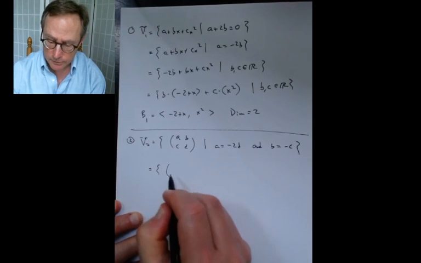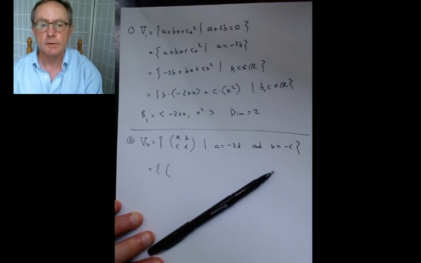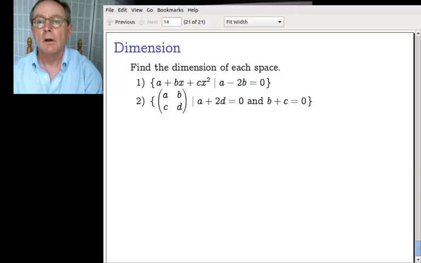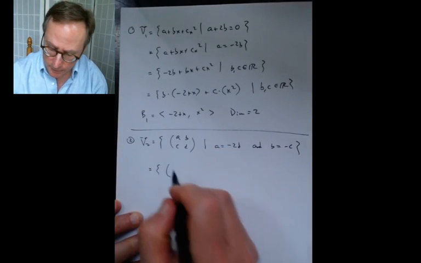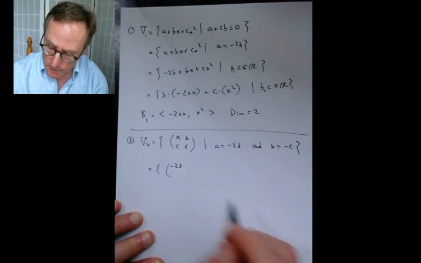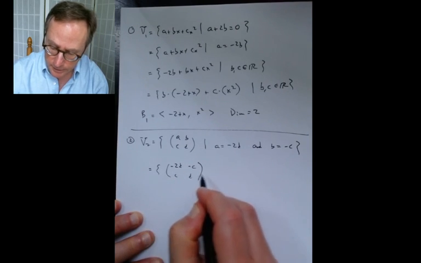So a is minus 2d, so I'm writing this as minus 2d. b is minus c. And c and d.